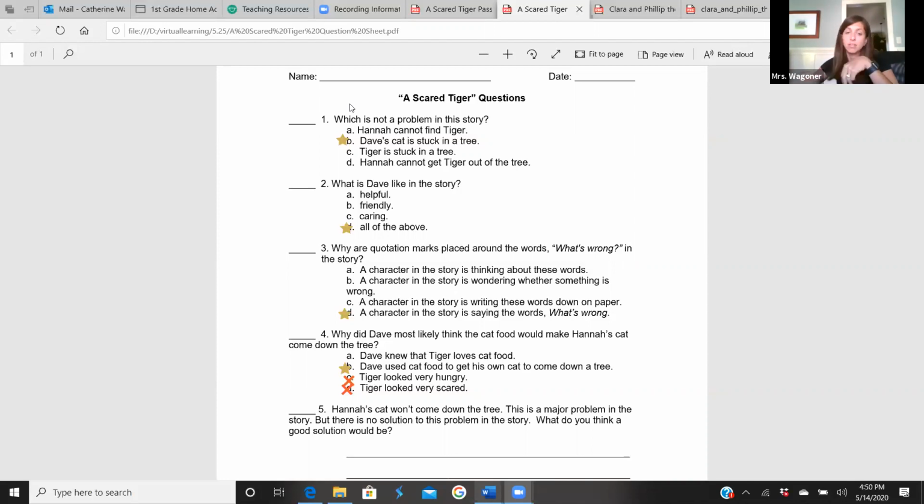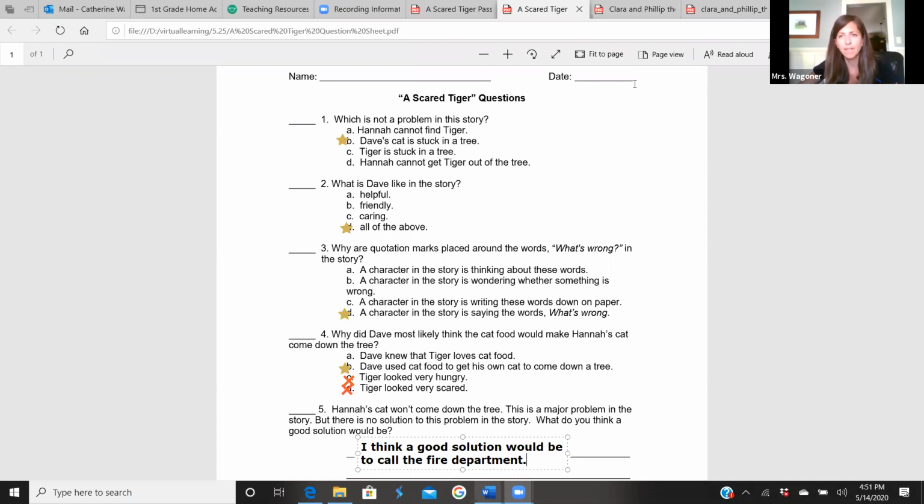Well, I think the best solution, and I know this from other stories, even from one of Clifford's stories, would be to call the fire department. That is one thing that firemen do, is take care of things like that. So that would be the best solution in my opinion.